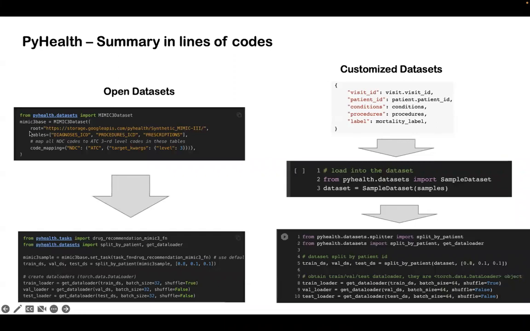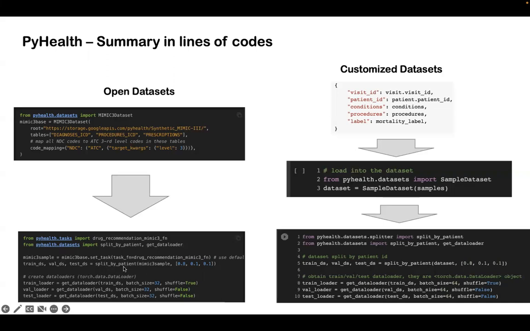Just simply call it and give us the root tables that you want to process and any code mappings, if any, that you want in your machine learning task. Then the second step is to choose or define a healthcare task function, and use set_task like this to get the samples, and then run our splitting function.